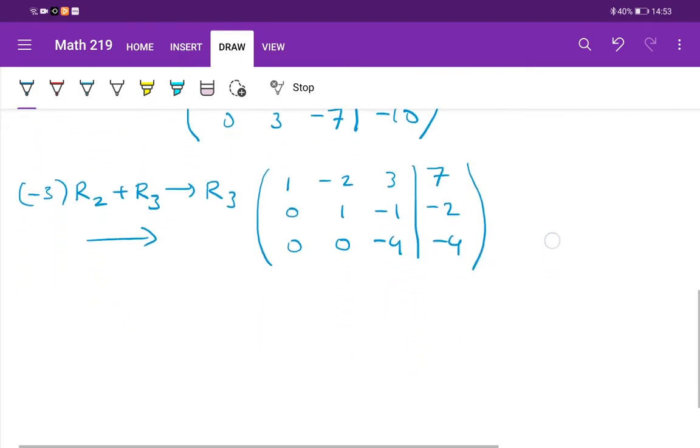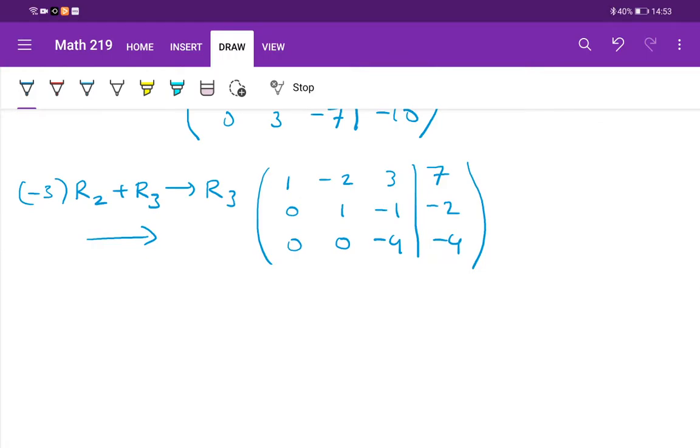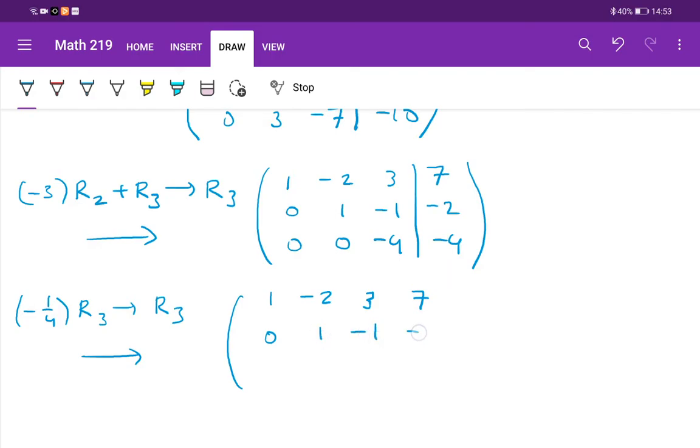Okay, so finally we want a leading 1 in the third row also. So here, if you multiply by -1/4, okay, so our matrix becomes this.